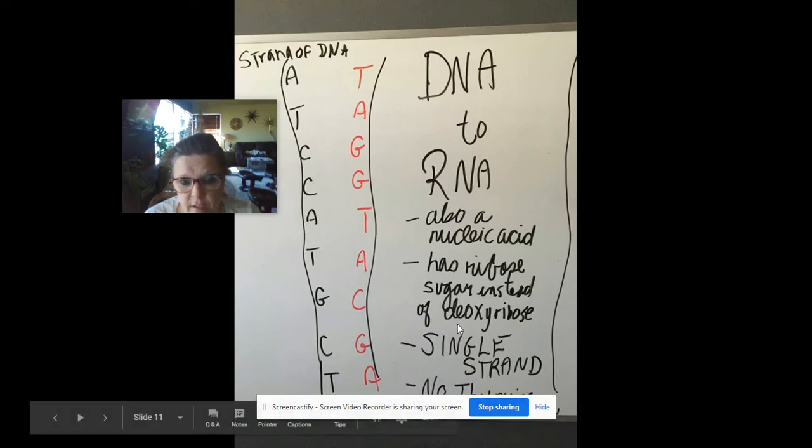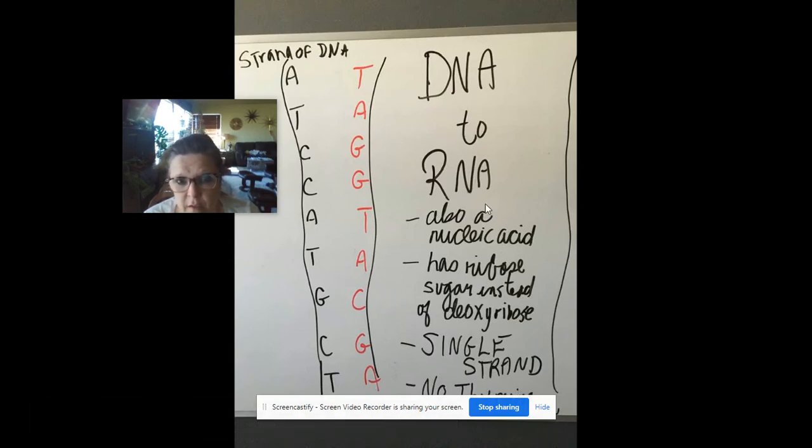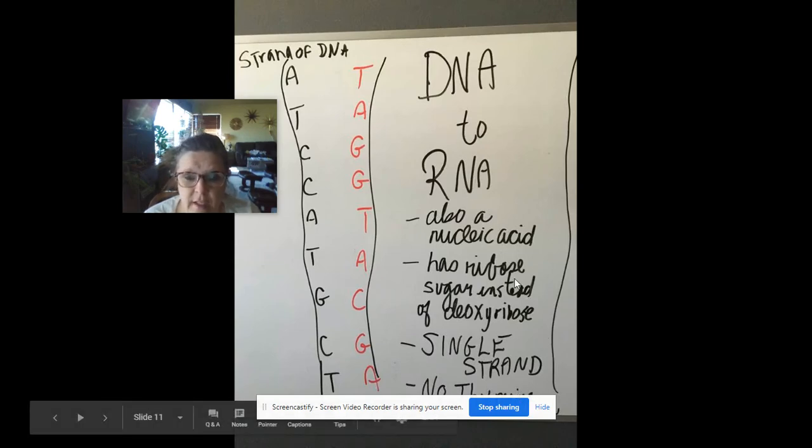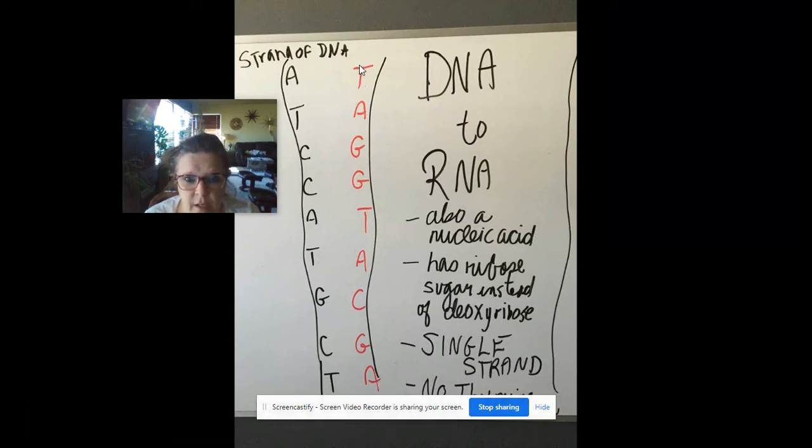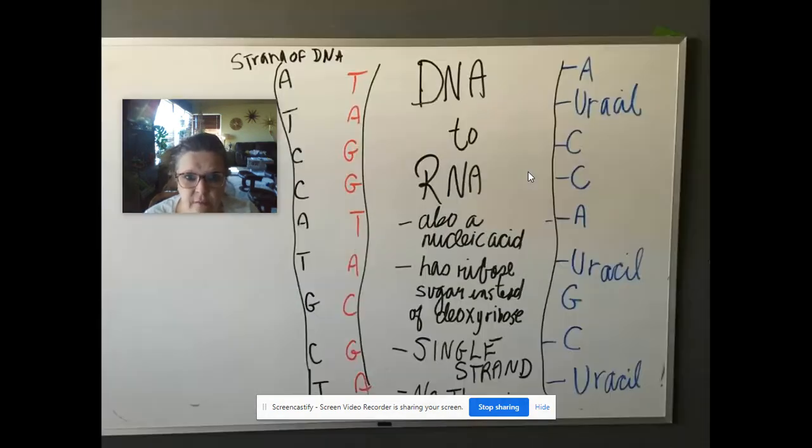An interesting thing is that it's only a single strand, whereas DNA is a double strand. So RNA is a single strand. And the other difference between RNA and DNA is, well, the DNA has the thymine as one of the bases, and RNA has a different base, which is called uracil.